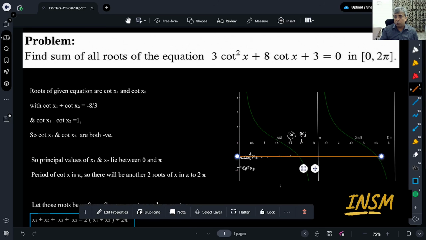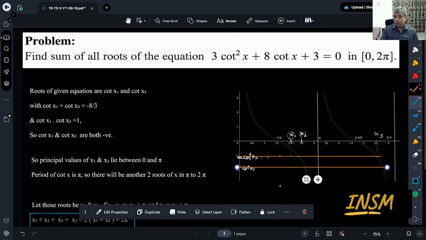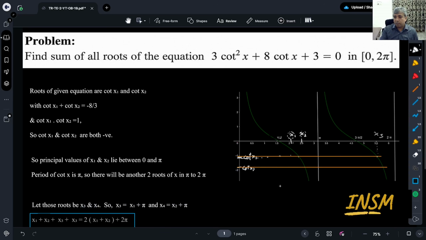Corresponding to this value you get x1, corresponding to this value you get x3. Similarly corresponding to cot x2 you will get x2, and another you will get x4 somewhere here. So x3 is x1 plus pi and x4 is x2 plus pi, since period of cot x is pi.